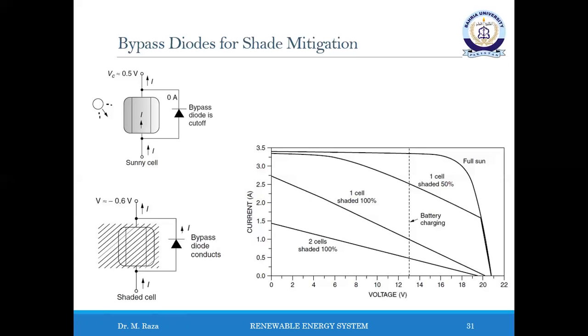Also, just as single cells can drag down the current within the module, a few shaded cells in a single module can drag down the current delivered by the entire string in an array. The benefit already demonstrated for a bypass diode on a single cell also applies to a diode applied across the complete module.